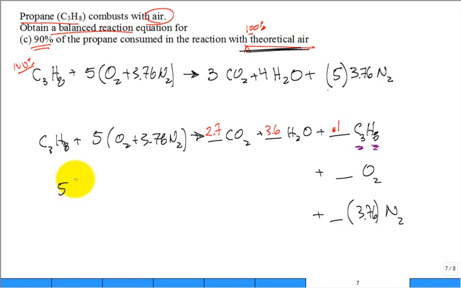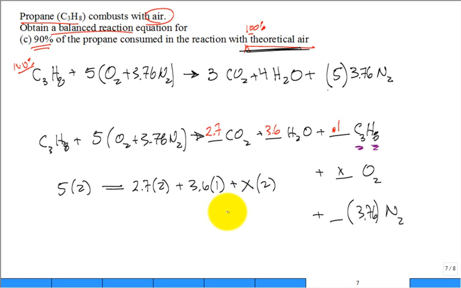We have 5 times 2 on the oxygen on the left-hand side. True or false? We have 2.7 times 1 plus 3.6 times 1 plus unknown x times 2, or not? That unknown x is times 2.